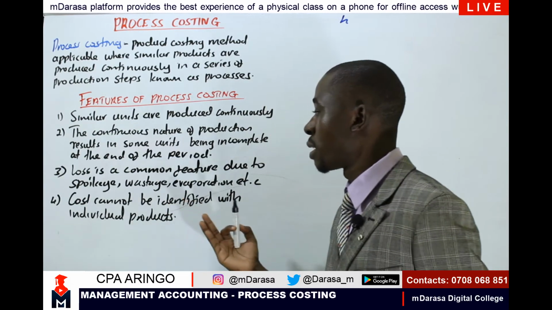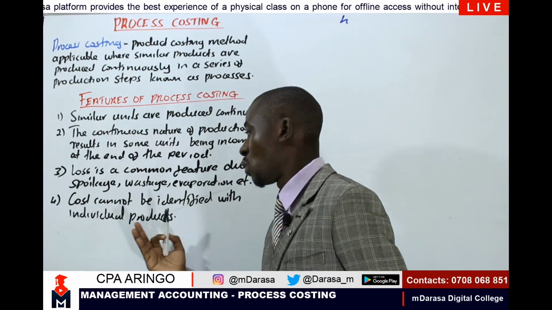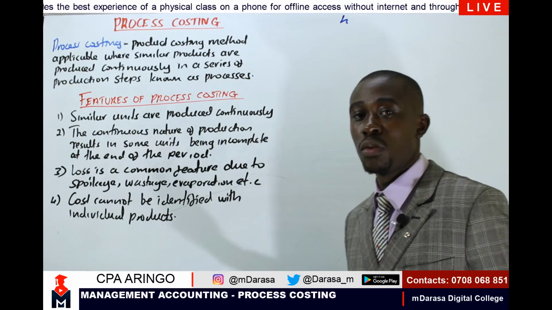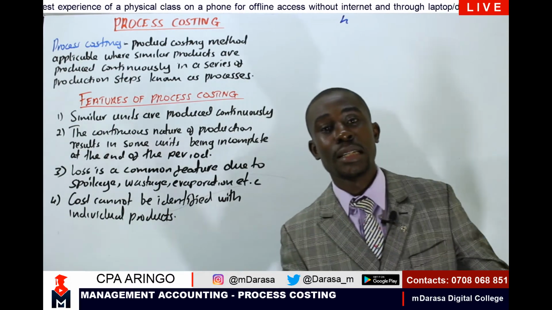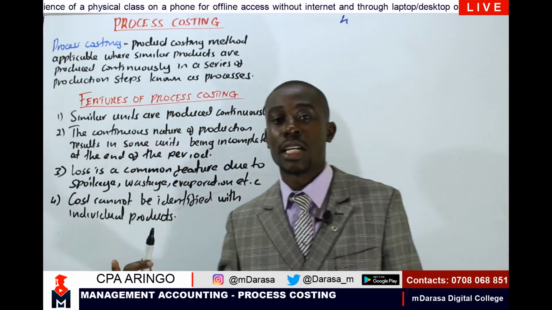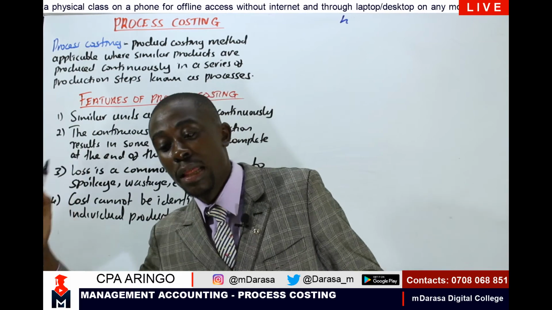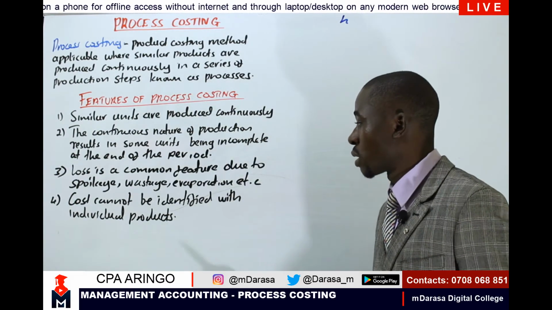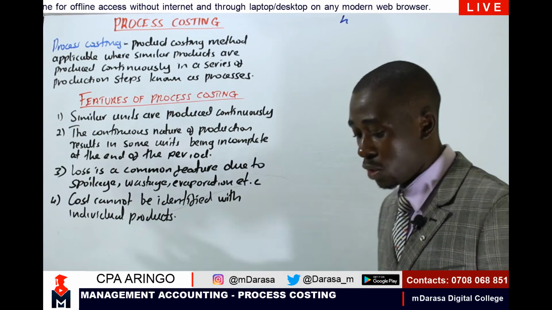So that's why it is very key as a common feature. And also we are saying that costs cannot be identified with individual products, because this is a process that is taking place. So I can't attach a specific cost to this product completely.